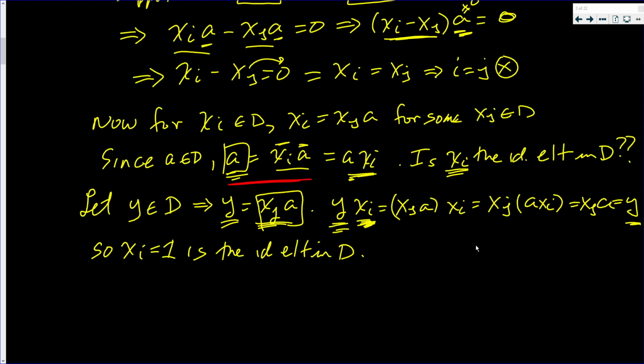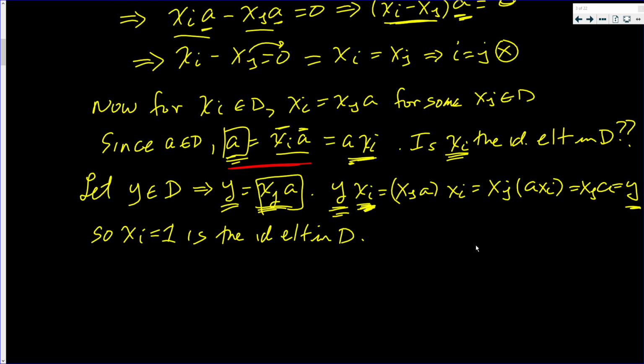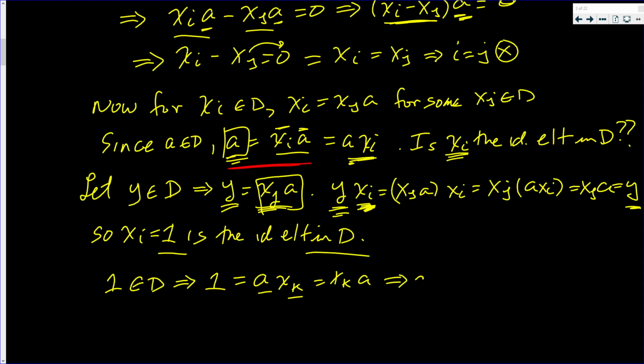Now I need to show that it has an inverse. Well, 1 is in D. That implies that 1 is equal to a times xk, and it commutes, which is xk times a. Well, that implies that the inverse of a is xk.